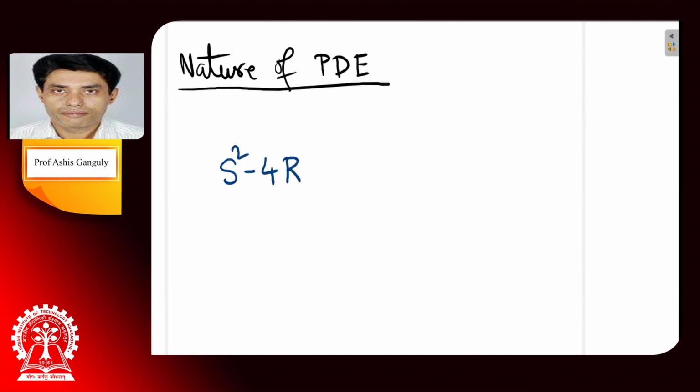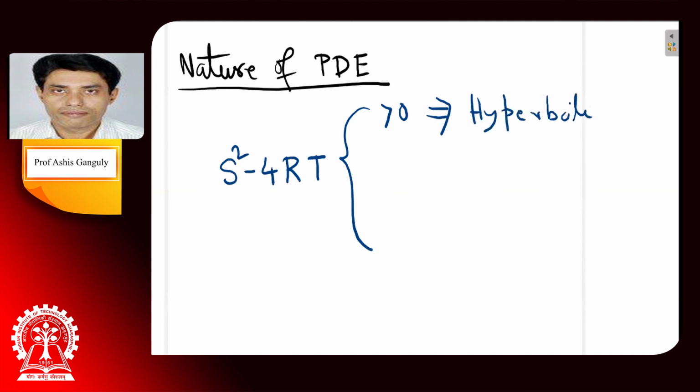If it is greater than 0, it is hyperbolic. We will prove this. First, I am stating the result. Equal to 0 means parabolic. Less than 0 means elliptic.